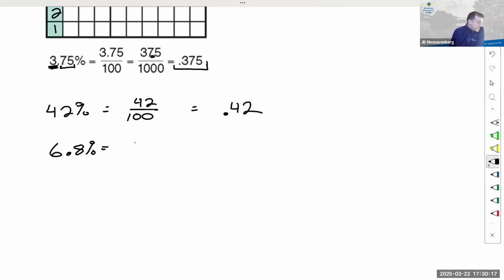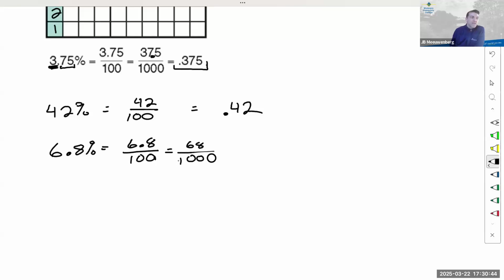So if we start this by writing it as 6.8 out of 100, because that's literally what a percent means, out of 100, we know that doesn't look quite right because normally we don't state a percentage or a decimal in a fraction. So another way we could also do this is by writing it as 68 out of 1,000.